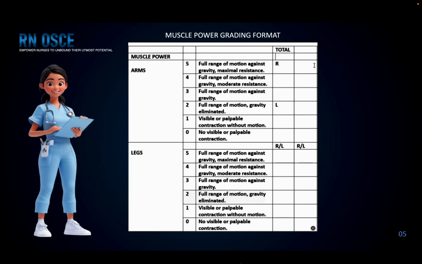Both arms and legs you should assess individually, and you can score whether your patient has full range of motion, or full range only against gravity, or you can notice a visible or palpable contraction, or the patient is not responding at all, with no visible or palpable contraction. That also you can assess. This will provide accurate information about how strong your patient's muscles are. This is done for both arms and legs.